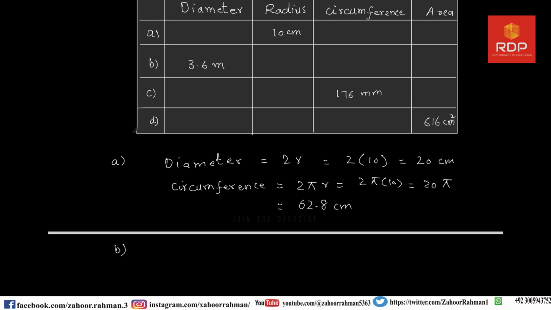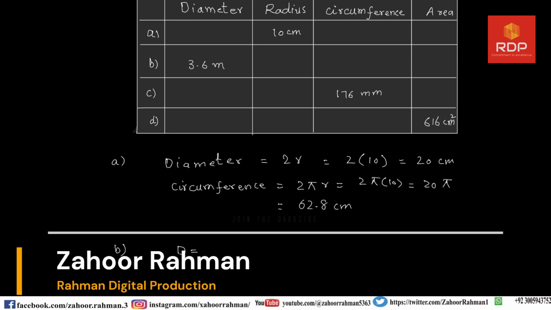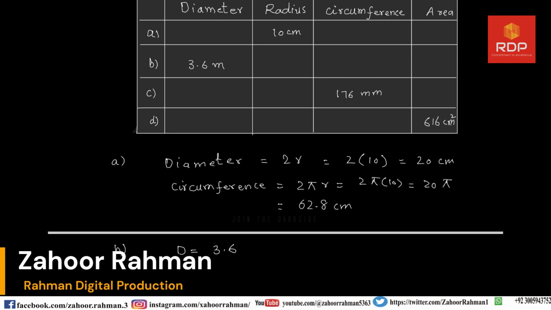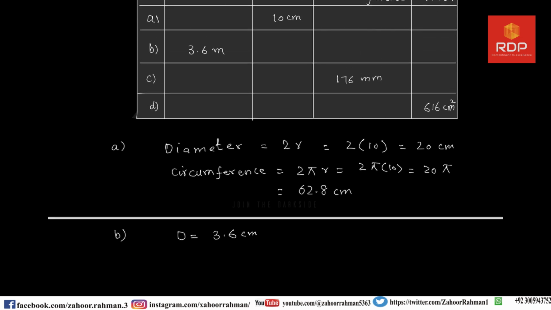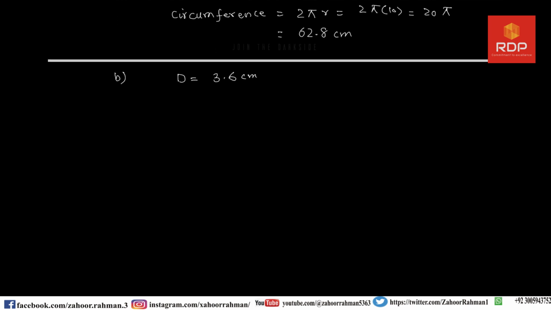the diameter D given as 3.6 centimeter. So we have to find the radius. Now radius is equal to D by 2, half of the diameter.